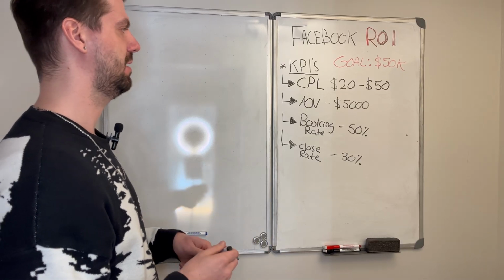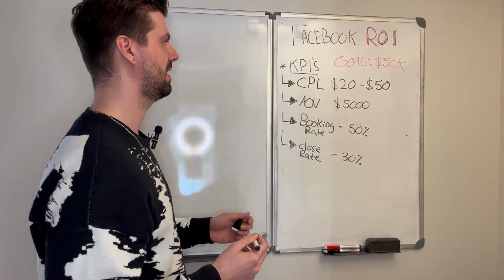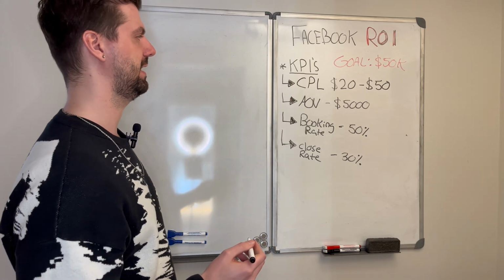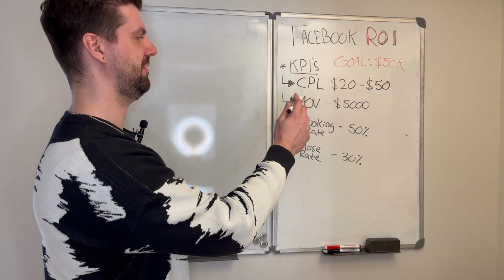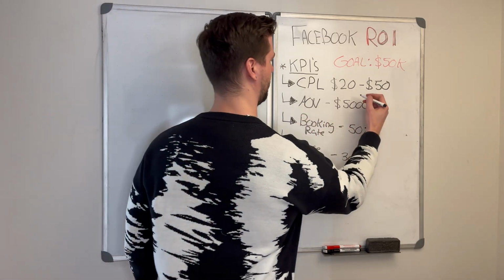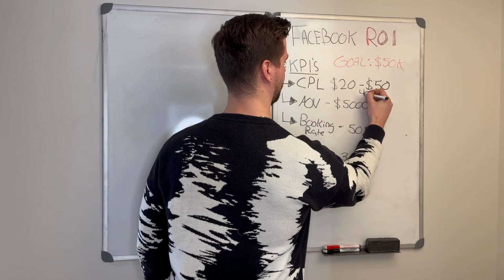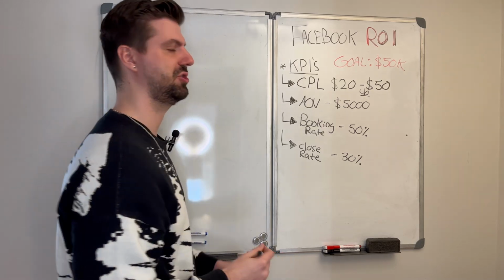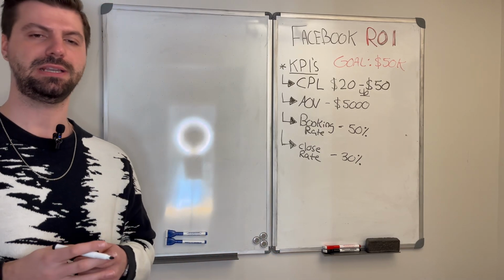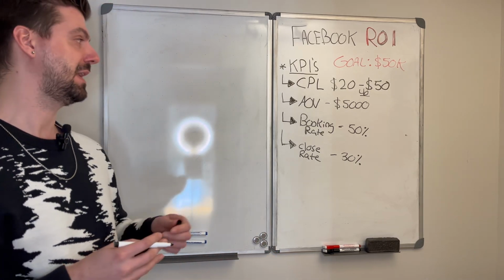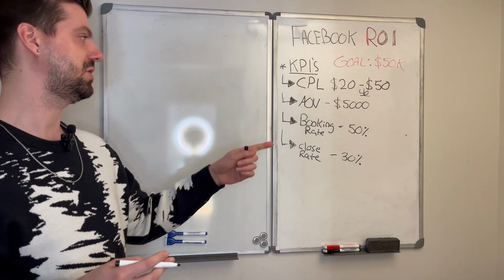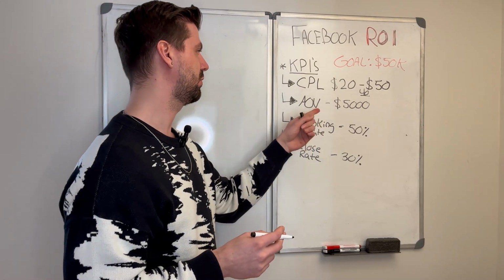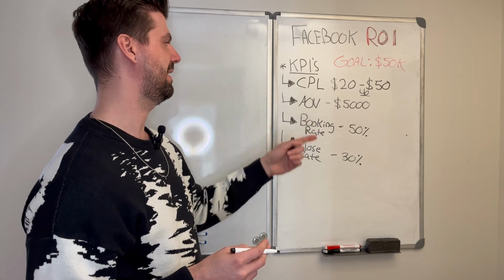So basically, let's say that 50,000 is our goal, right? So between $20 and $50, let's say that we're just gonna come in at an average of $40 per lead just to be safe, right? So basically, the first thing that we would do is now we know, okay, $40 per lead, our average order value is going to be $5,000.